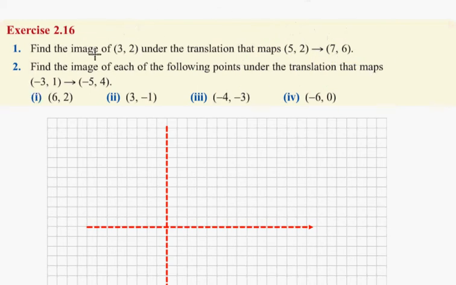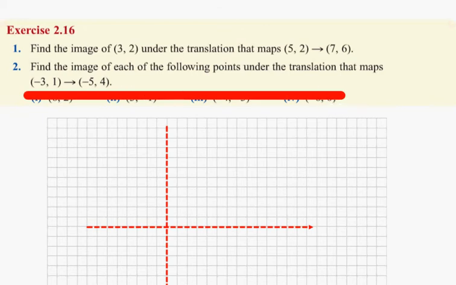So ignore these points for the time being. Just ignore this full bottom part. And what we have is find the image of each of the following points under the translation that maps (-3, 1), which is this point here, and it goes to (-5, 4). Okay.